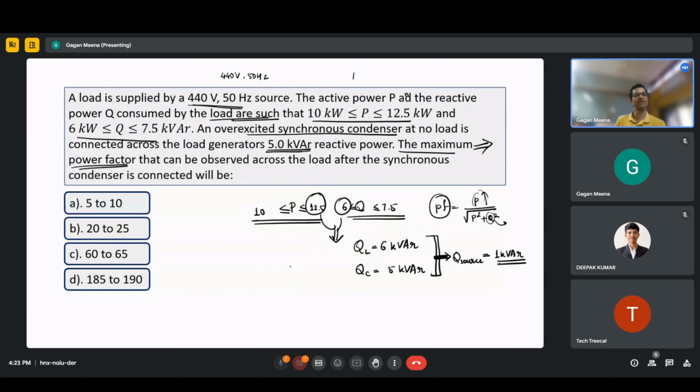So what will be the maximum power factor? Now I can directly calculate it. P is known, Q is known. So P divided by S gives 0.996. Correct. This is 12.5, this is 12.5, this is 1. This will be the maximum power factor.